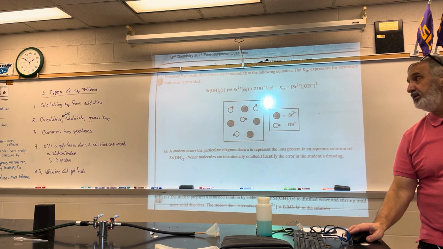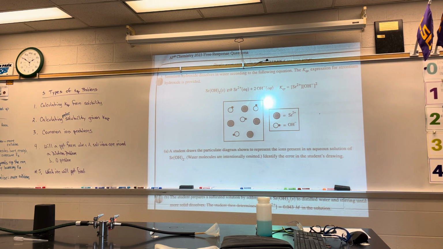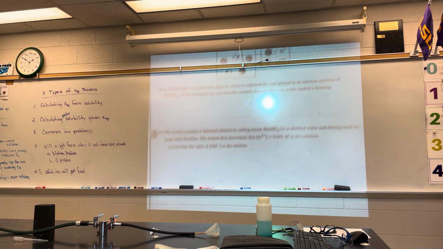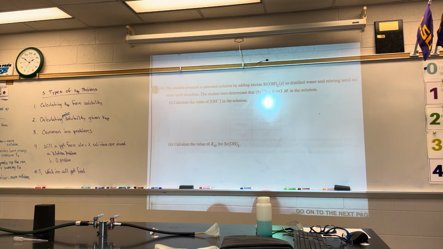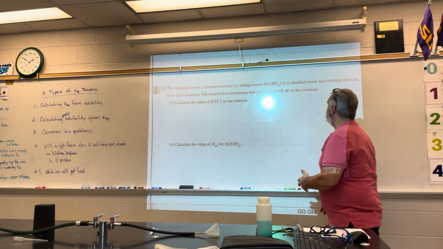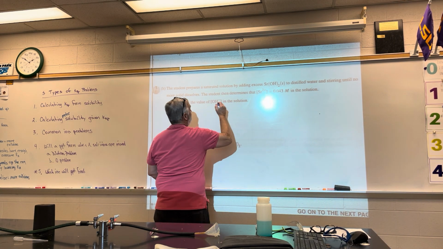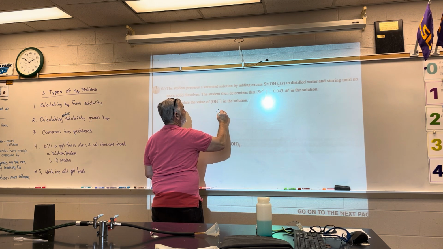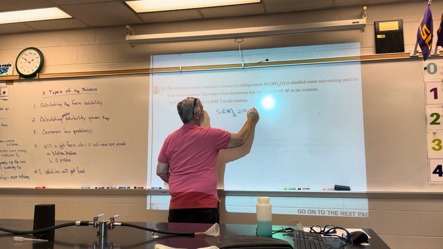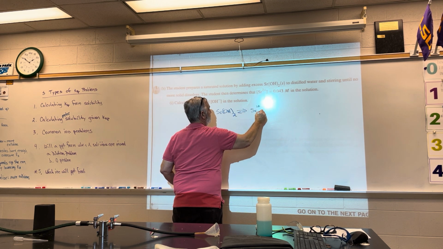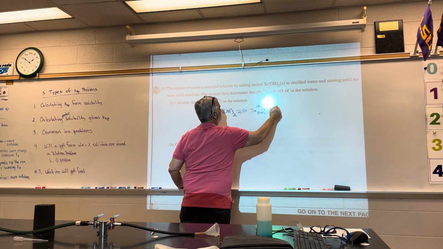Okay? Number 2. So now we go down to here. No more solid dissolves, and the student determines that, so we already determined up here, and this is given, that the Sr(OH)2 goes to Sr2+ plus 2 OH minus.